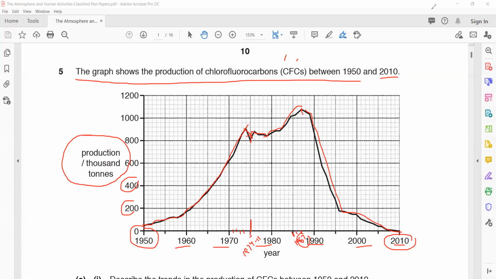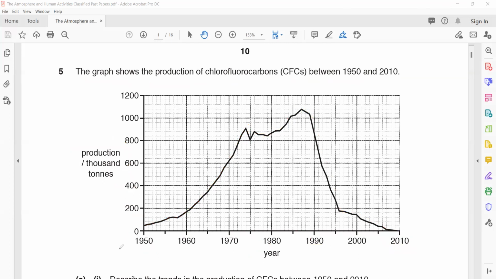When you are describing this, you can take the number values. For example, you can say how much it was in 1950. You can say this is 200 each one, so it means 40,000 tons. And in 1974 it was, you can see here, 900 ton, like this.